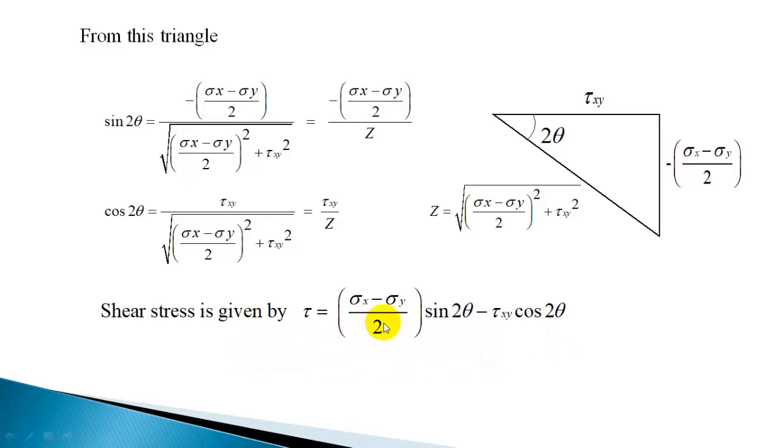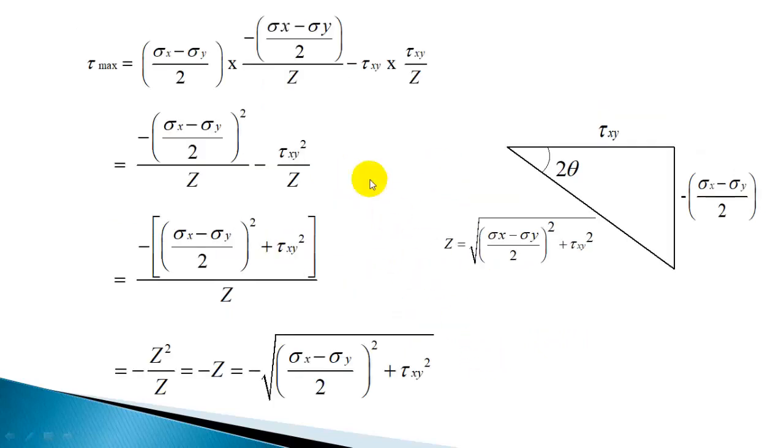Shear stress is (sigma x minus sigma y) by 2 sin 2 theta minus tau xy cos 2 theta. Let us substitute sin 2 theta as this and cos 2 theta as tau xy by z, and we will get this expression.